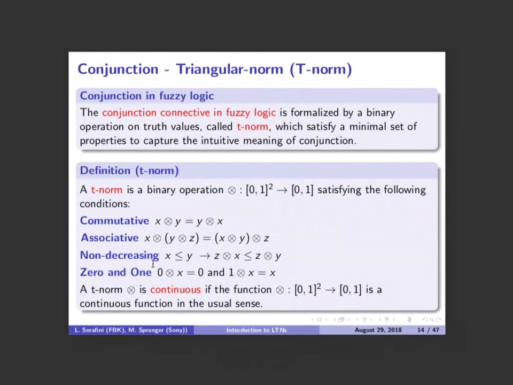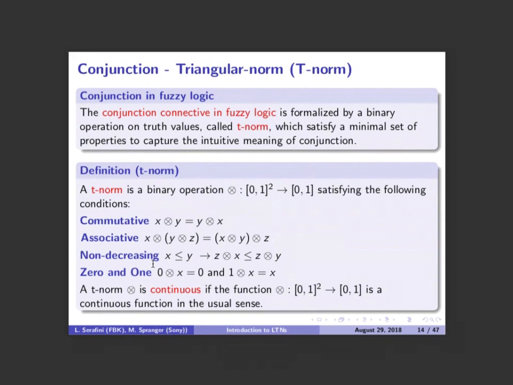So for the conjunction, without going into a lot of detail, just to point out that there's something called triangular norm, or the T-norm, which will formalize the conjunction in that context, satisfying these properties which are listed here. So it's now continuous as that function in the usual sense.